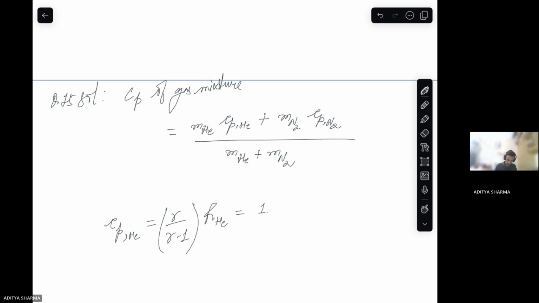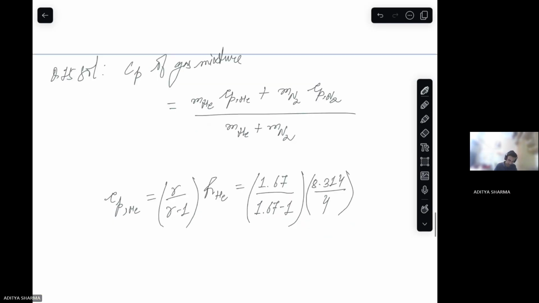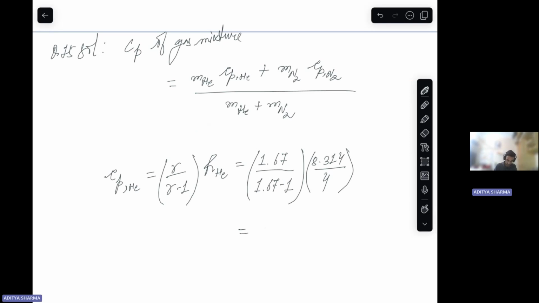So also because helium is monoatomic gas, so gamma in its case will be 1.67. More is the molecular weight of helium. So if we calculate this, this comes out to be this.